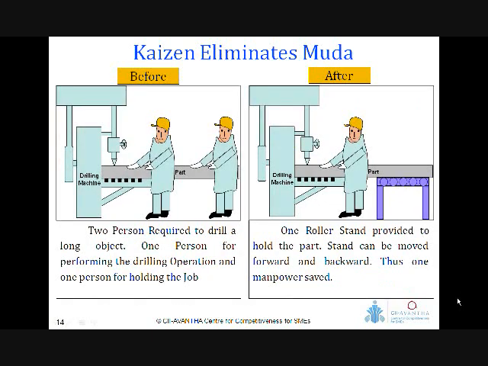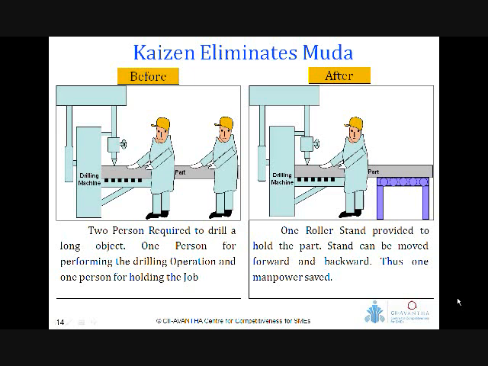Another example is for long objects. As you see, two people are required to do the drilling, where one person is doing drilling and another is holding the job. We can think of the idea of eliminating excess manpower. So what Kaizen has been done?